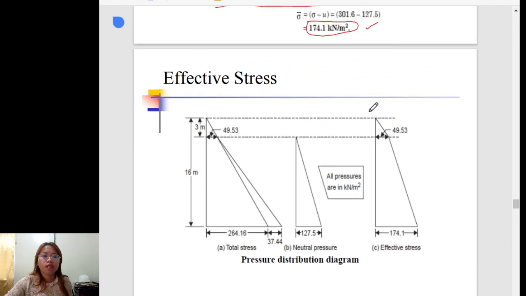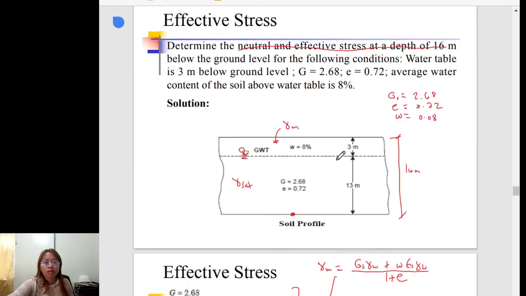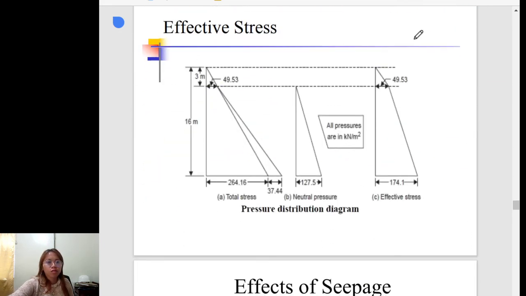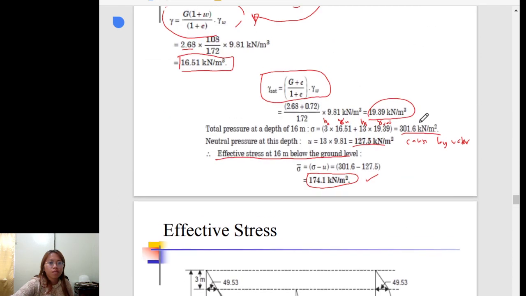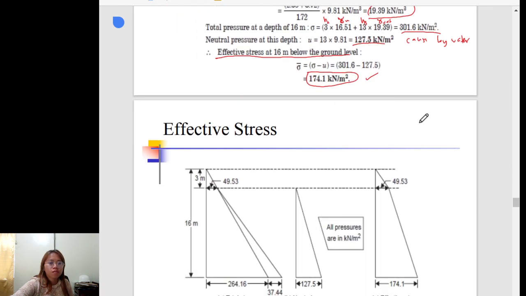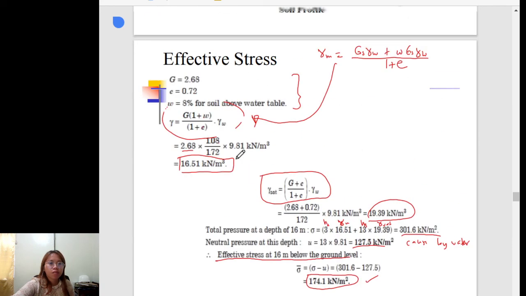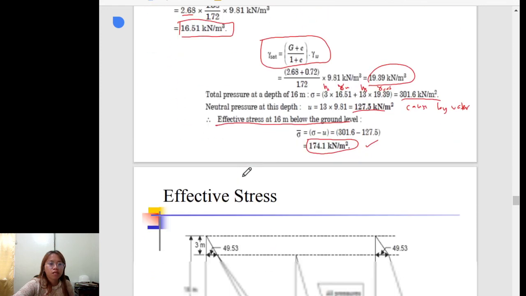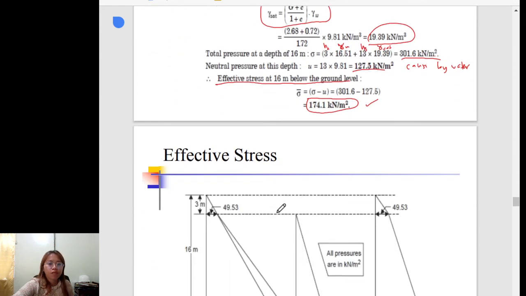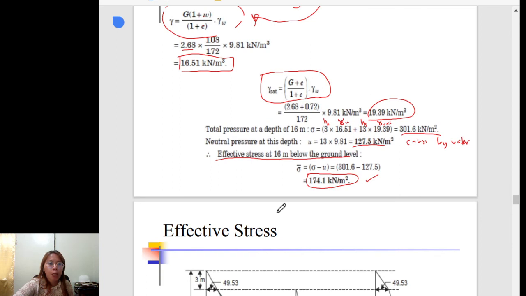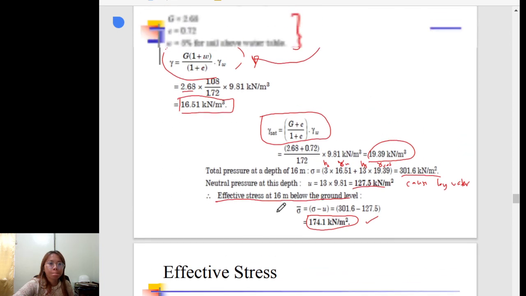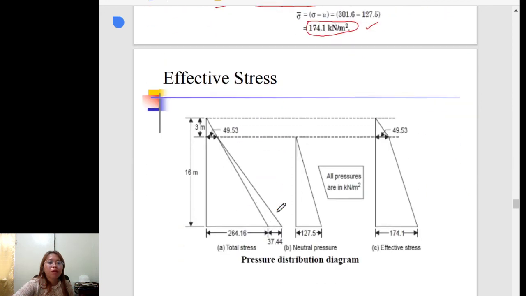Then this is the pressure distribution from this example. You have here the figure, the representation. From 3 meters, we have 49.53 kPa.